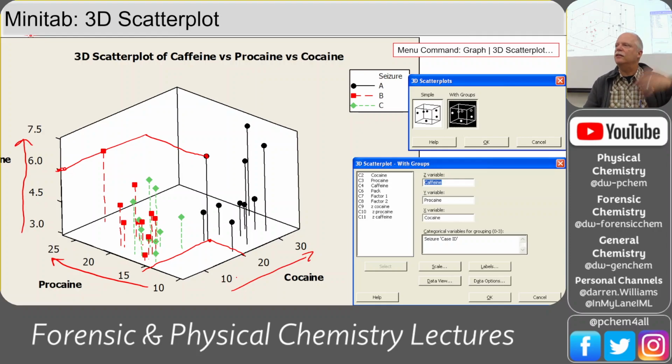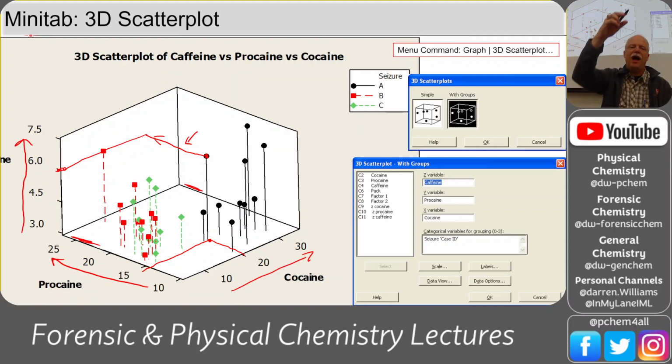Does everybody see how the 3D scatter plot works? Now just to let you know, how did I know how to draw this line right here? I'm going back towards the back, and it has to be parallel to this line and this line. So I'm going back in a parallel manner to those lines so that I hit the back panel.